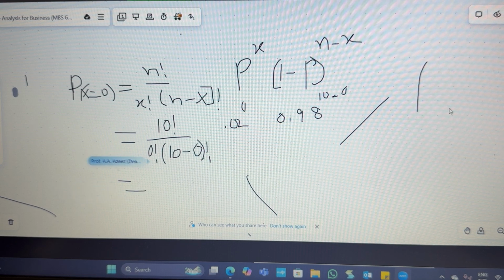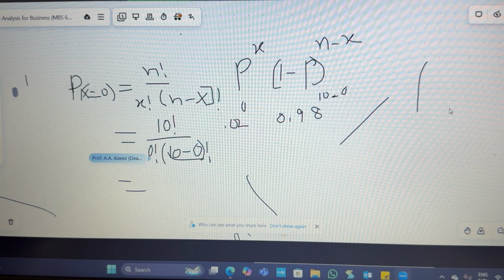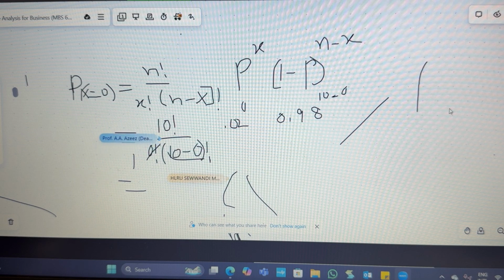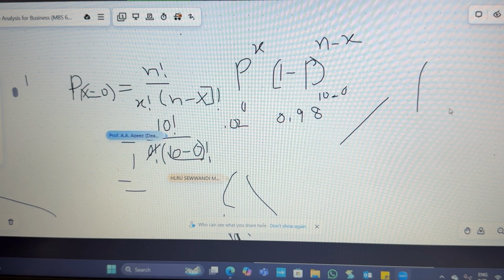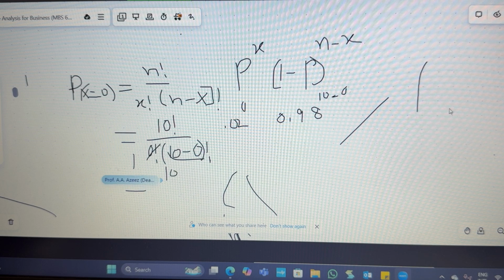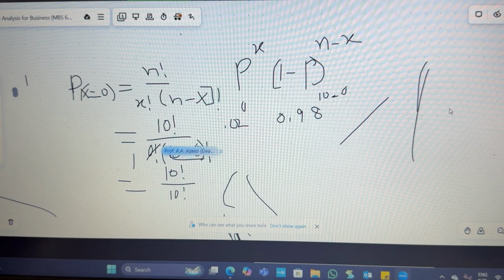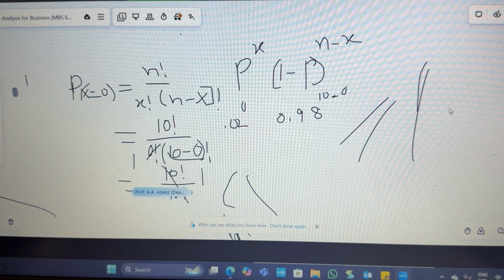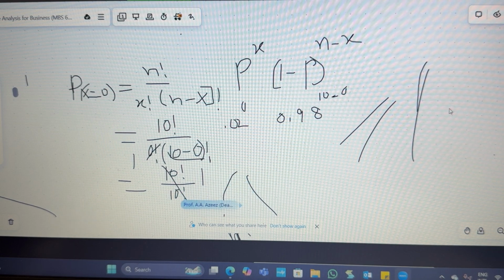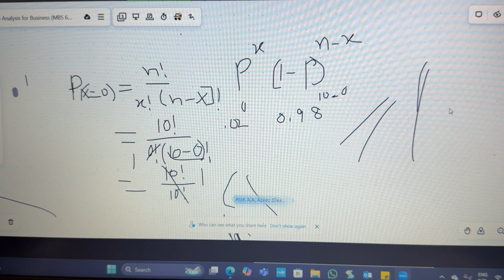So when you summarize, 0 factorial equals 1, so here 1. Then 10 factorial divided by 10 minus 0 factorial, which is 10 factorial, so this equals 1.